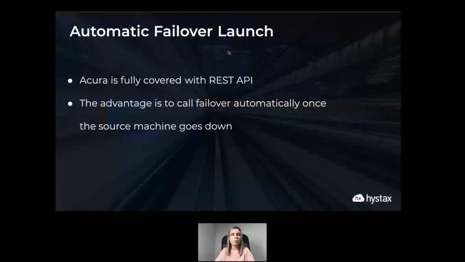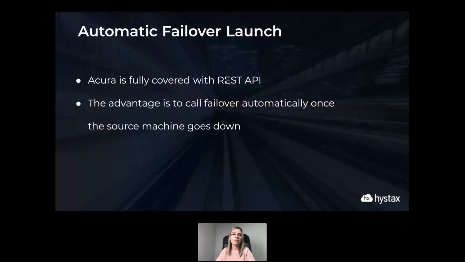The advantage, of course, of using the API is to call failover automatically once the source machine goes down. The monitoring tools might be different, and the monitoring processes might be different, and it of course depends on the company and on the security policies it has. For example, some companies would prefer to ping VMs to monitor their life.